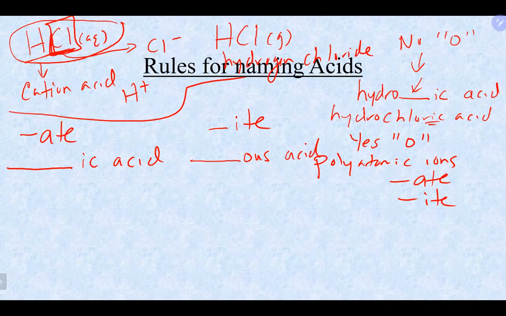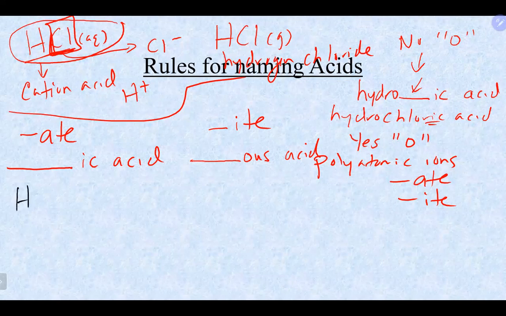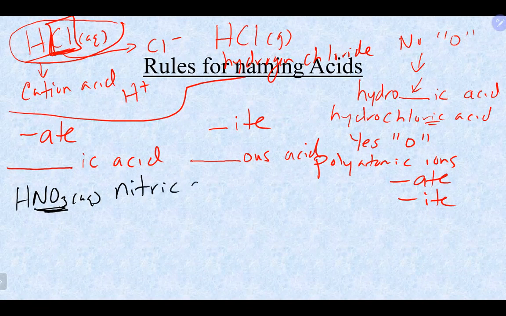So for example here, if we take HNO3, NO3 is nitrate, ATE, which means this is nitric acid.